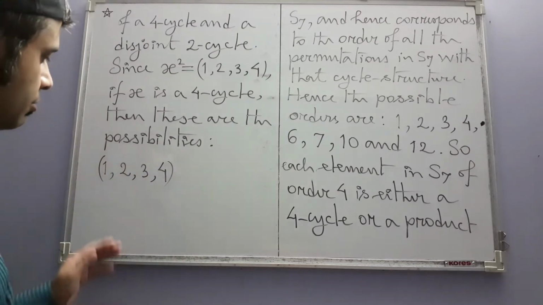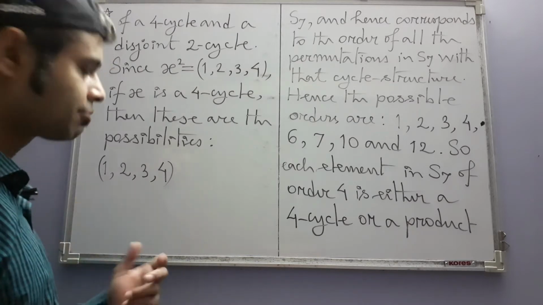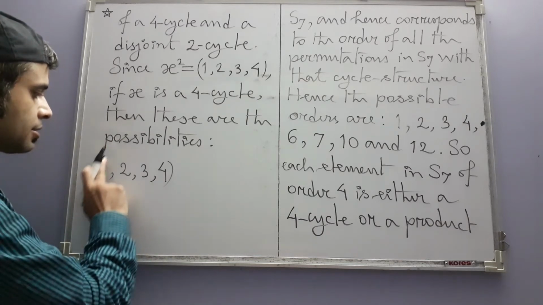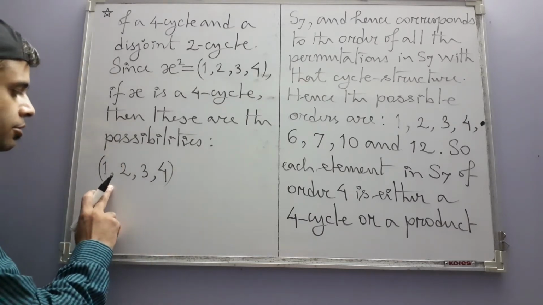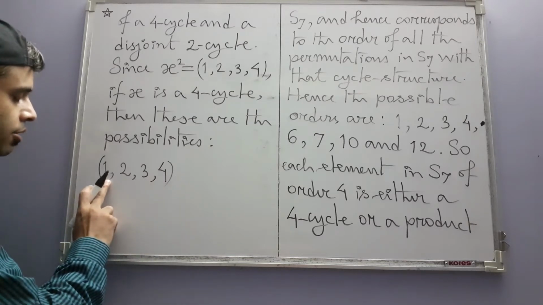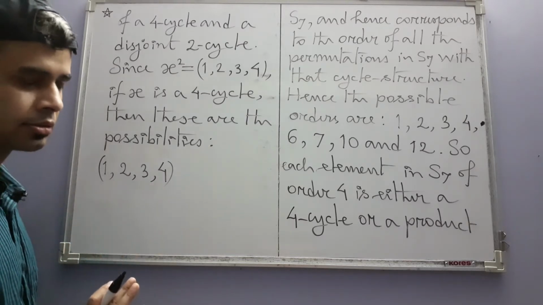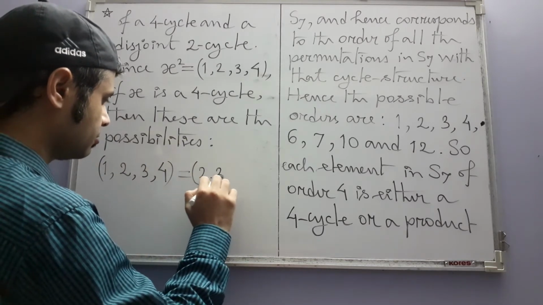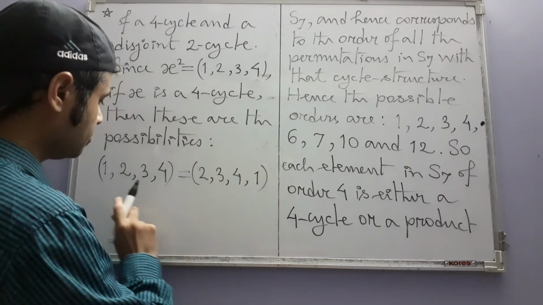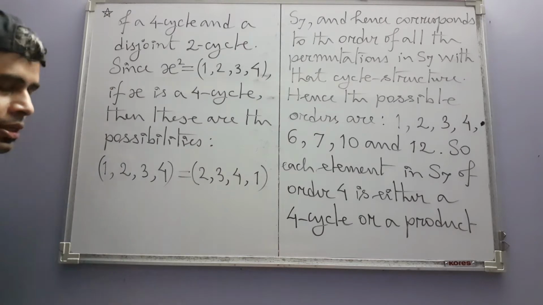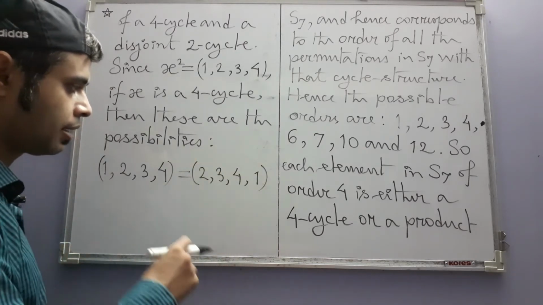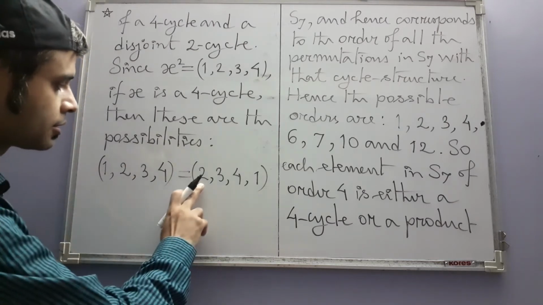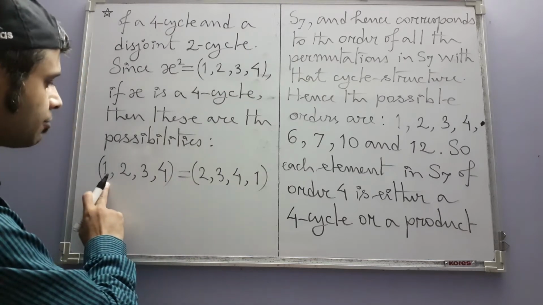Okay, how do you write all the 4 cycles? Keep in mind that this is not an ordinary permutation but a cyclic permutation. That is, you should not bother about the positions of all the elements. For example, this cycle is the same as this cycle 2, 3, 4, 1. But if you just write these two finite sequences without saying that they represent cycles, then they are different permutations, because the first element here is 2, here it is 1.